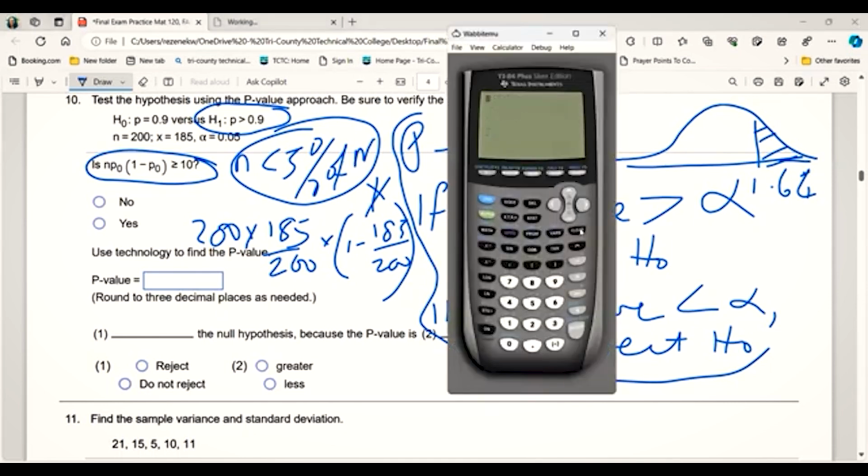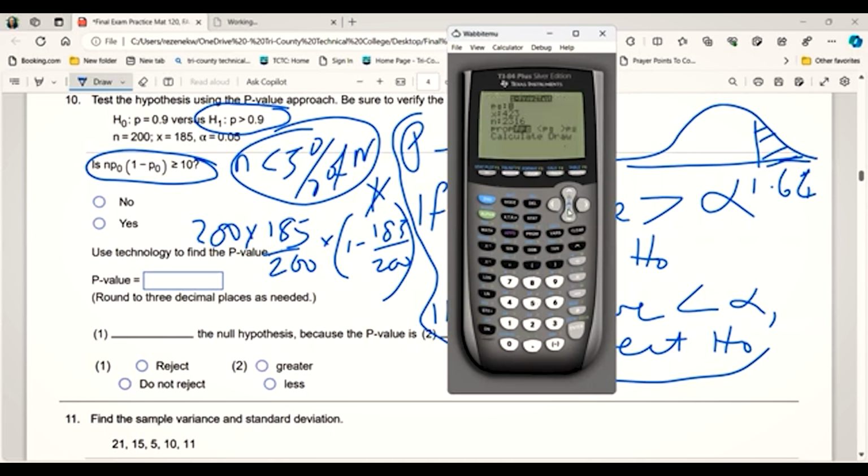The conditions are satisfied. So go to stats, arrow to test, and I'm doing one prop z-test. Why one prop z-test? Because the conditions for converting from binomial to normal are satisfied. One prop z-test is number 5.